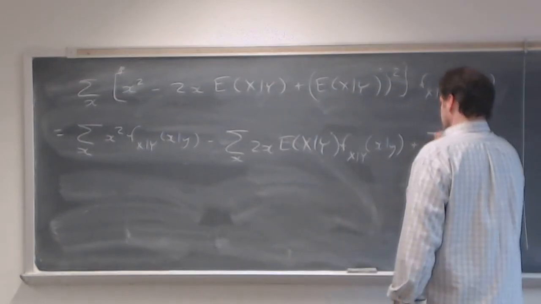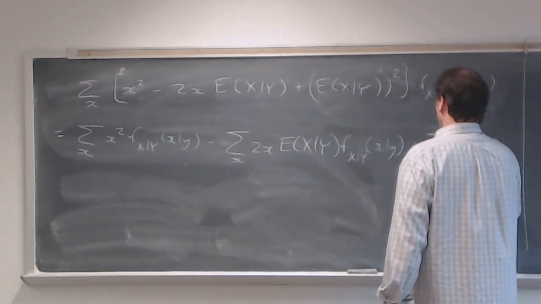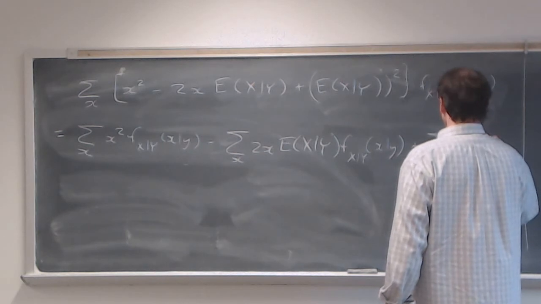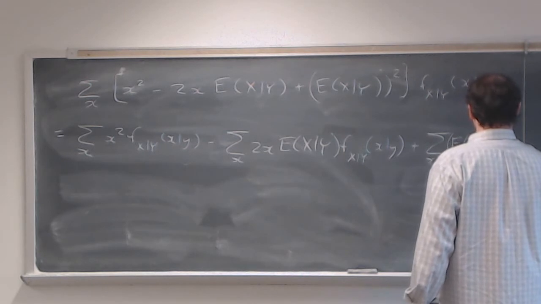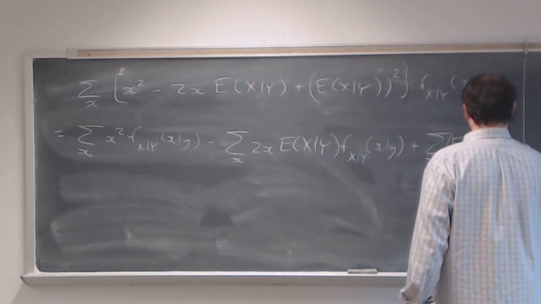And then finally, plus the sum over all x's of the conditional expectation of x given y, squared, times f of x given y.